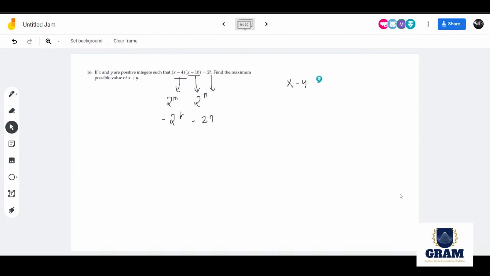Could you please annotate on the jam? Now taking 2 to the power n common.